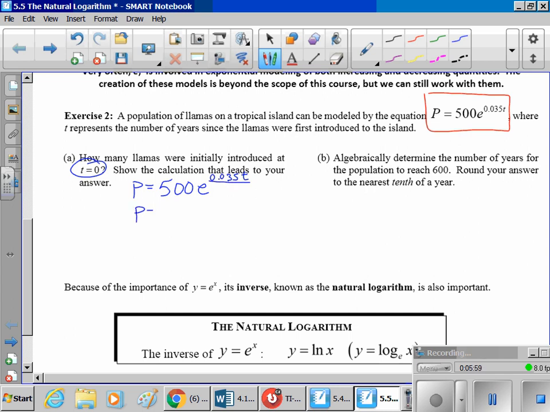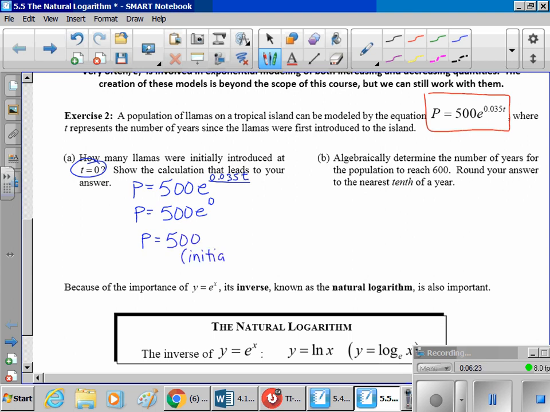So we get P is equal to 500 e to the 0 power, because 0.035 times 0 is 0. And anything to the 0 power, pi, e, 5, 12, negative 14, anything raised to the 0 power is always 1. So I know that P has to be 500. So this is my initial.